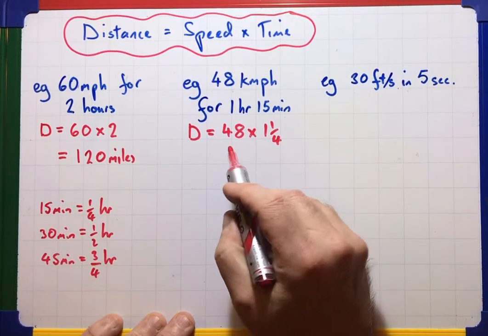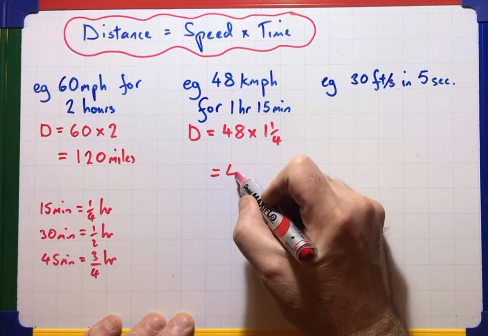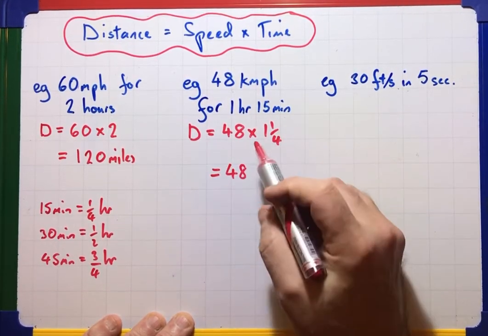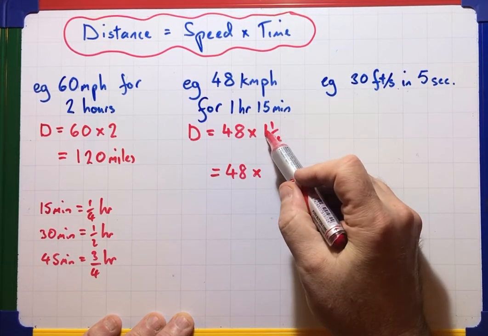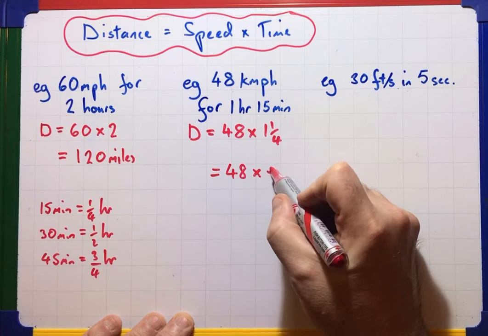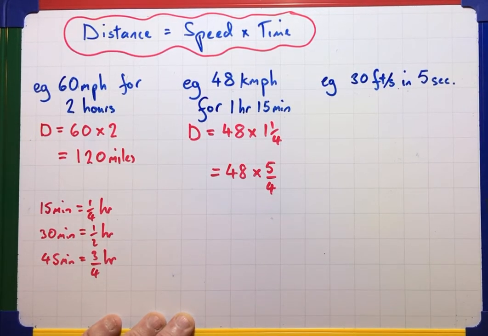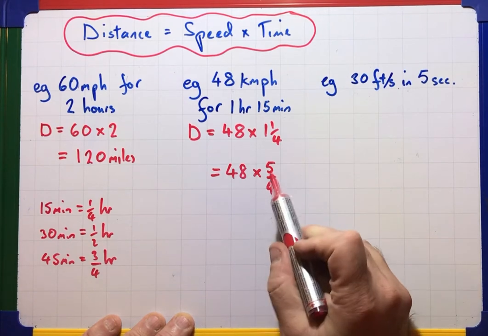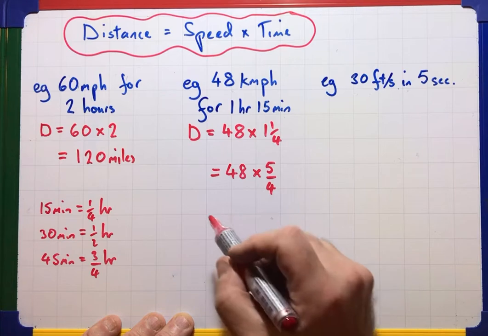So we're multiplying this. If you remember from fractions, we need to make that a top-heavy fraction. Remember, 1 is 4/4 plus the 1/4 that's there makes 5/4. So it's 48 times 5/4. And when we multiply by a fraction, we divide by the bottom, then multiply by the top.